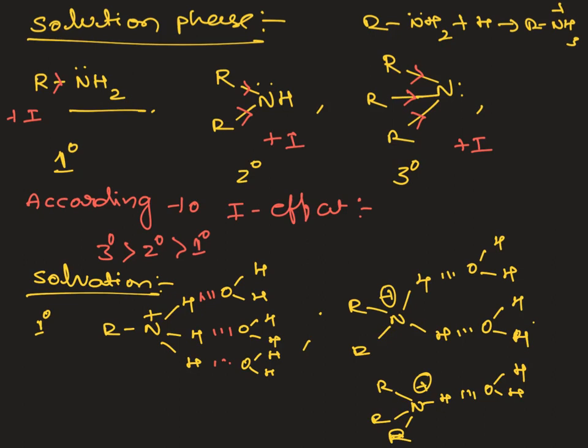So from the solvation effect, the primary ammonium salts are more stable than secondary and tertiary ammonium salts. So the basicity order is primary more basic than secondary and tertiary, because the primary ammonium salt forms with more stability and readily donates its lone pair of electrons. From the solvation effect, this is the order. From the inductive effect, it will be the reverse.